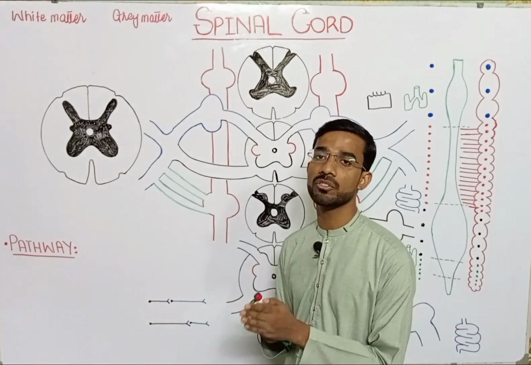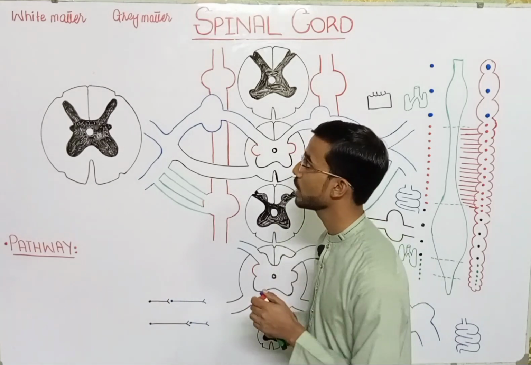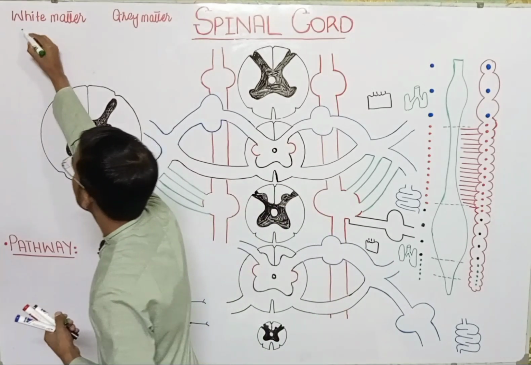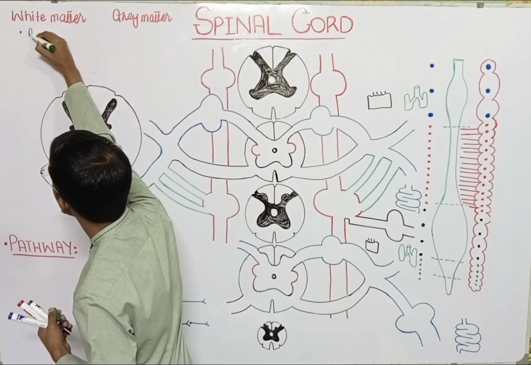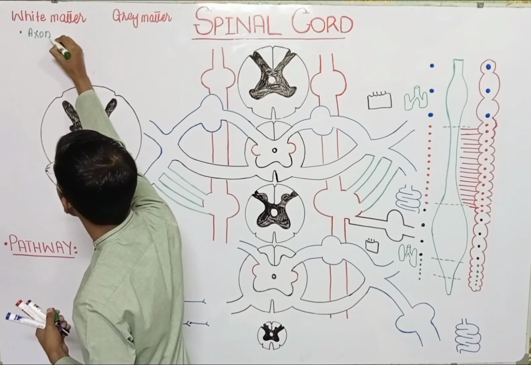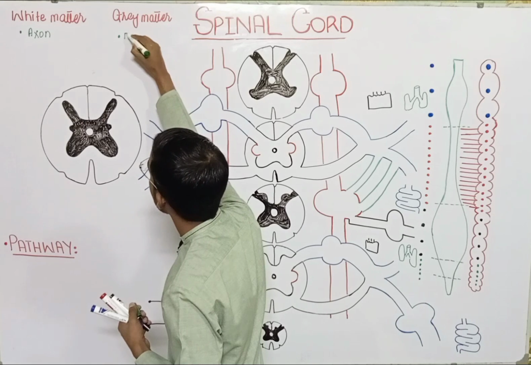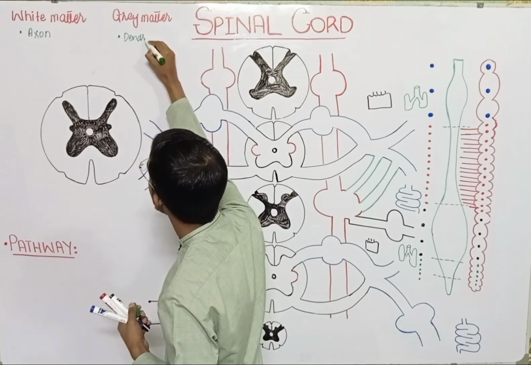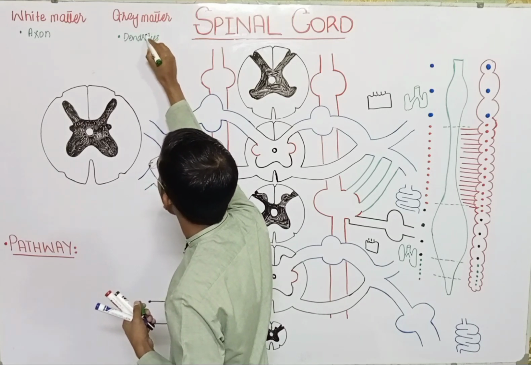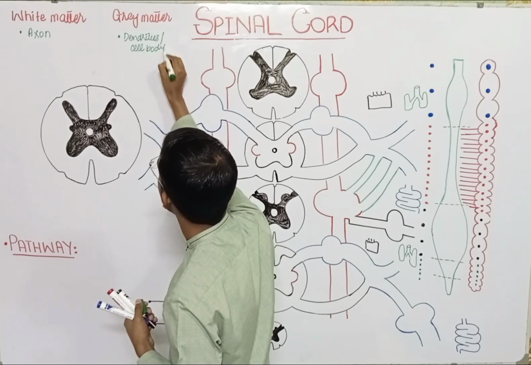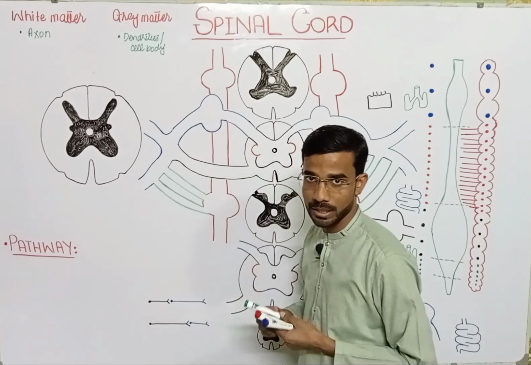In the white matter you will see the axon. Axons lie in the white matter, and dendrites and cell body actually lie in the gray matter.